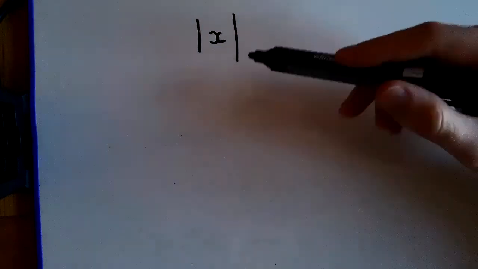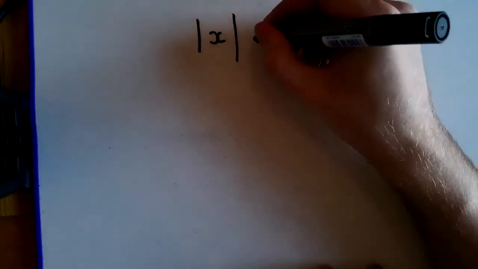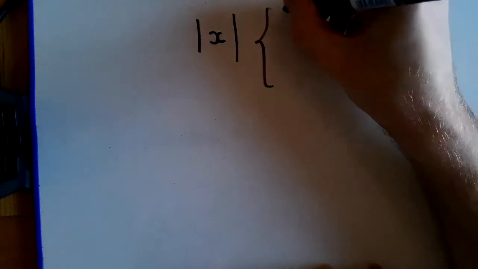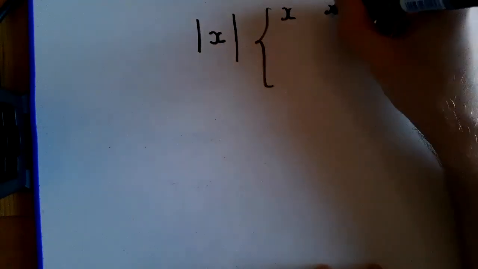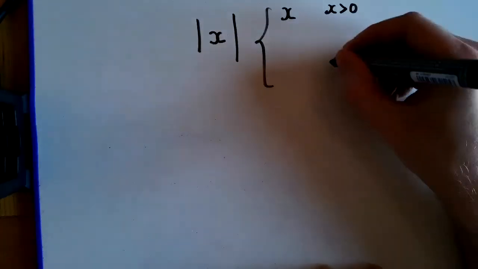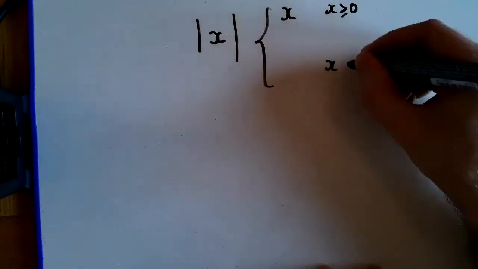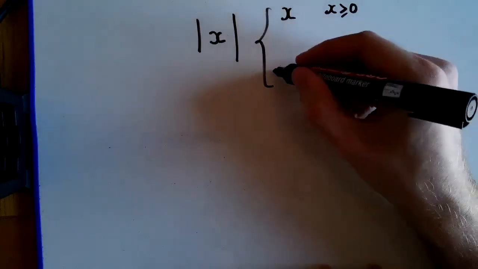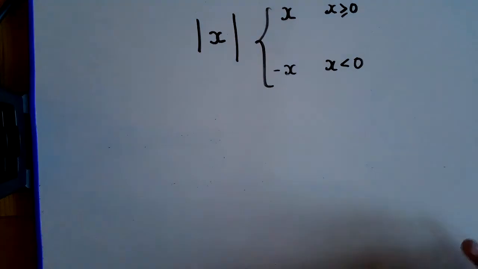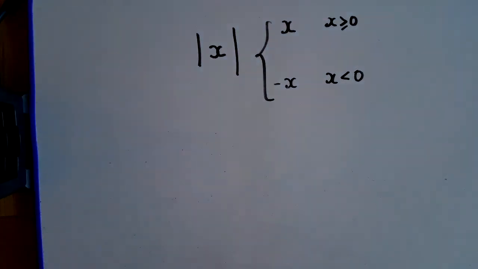I could put in -5, which would come out to be 5. So this would equal two things. It would either equal x if x is already bigger than 0, but if x is negative, then I'll have to times it by -1 to make it positive. So you would have seen that definition in your booklet and as part of the preview.